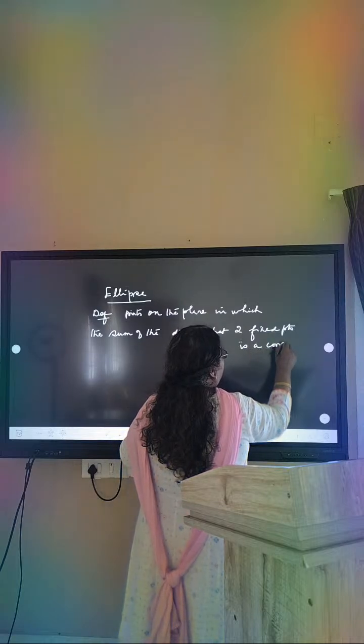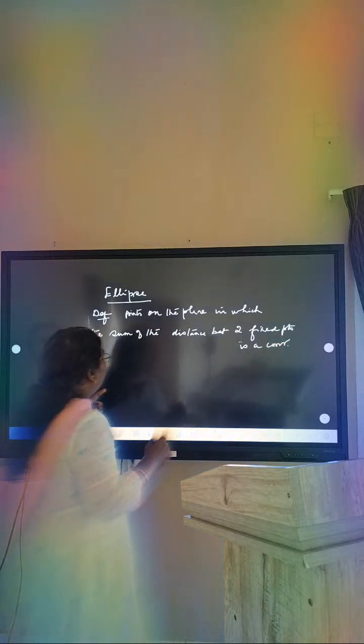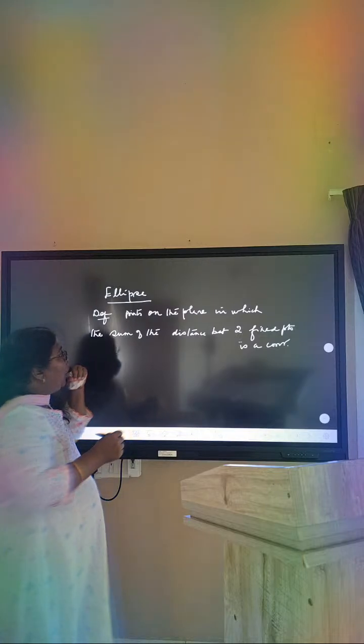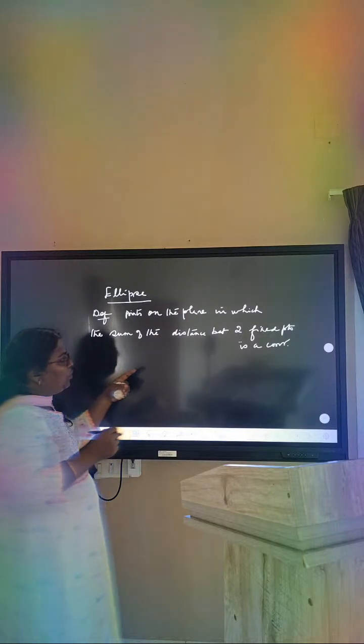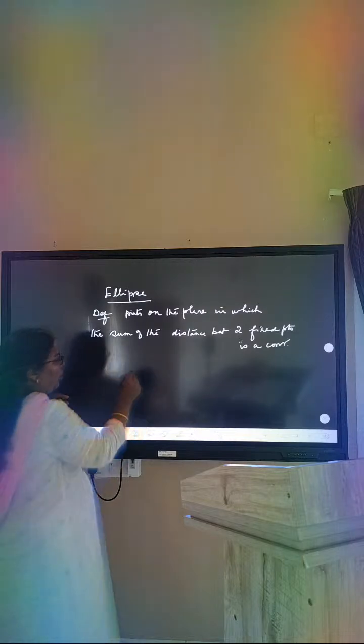And this is the definition of an ellipse. Points on the plane in which the sum of the distance between two fixed points is a constant.